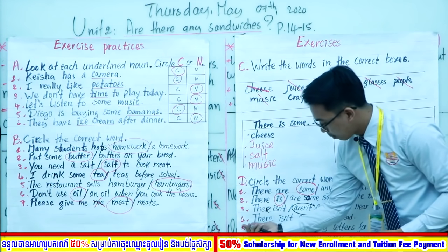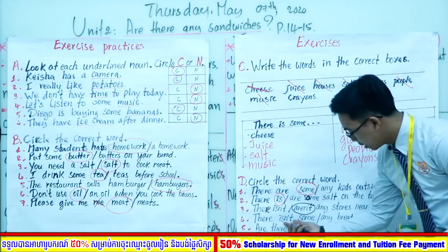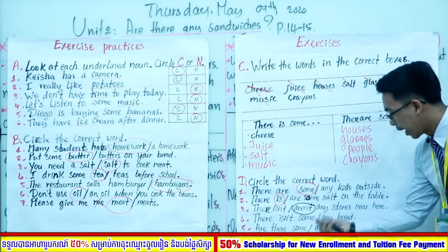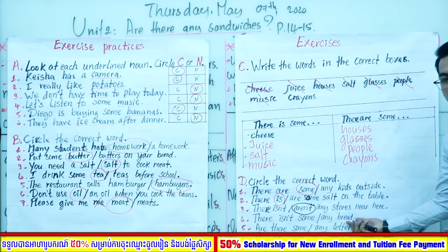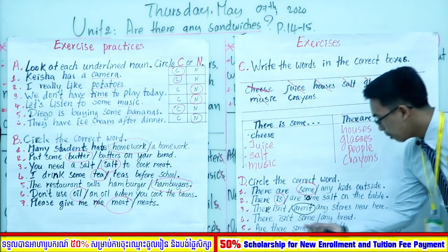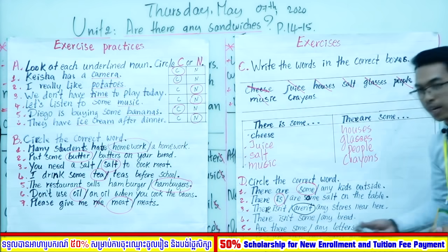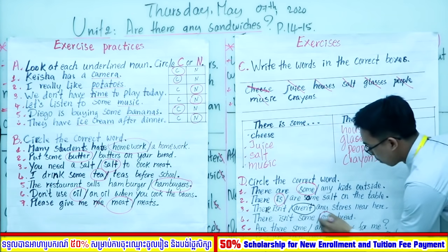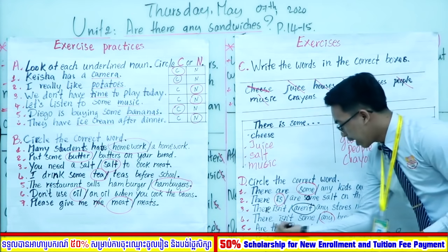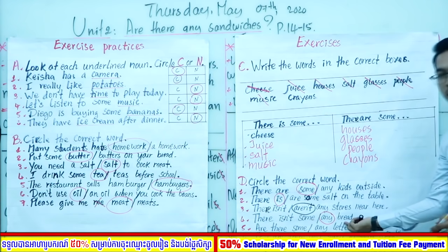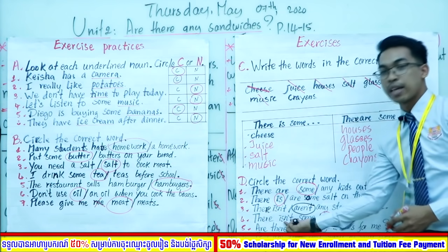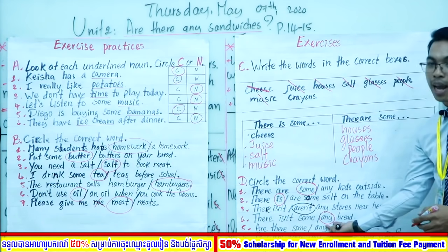Number 4: there isn't some or any bread. The correct answer is the second one: any. There isn't any bread. Because this is a negative sentence, we use any.